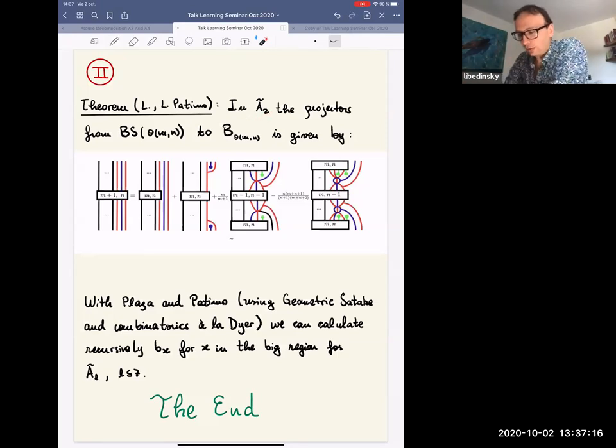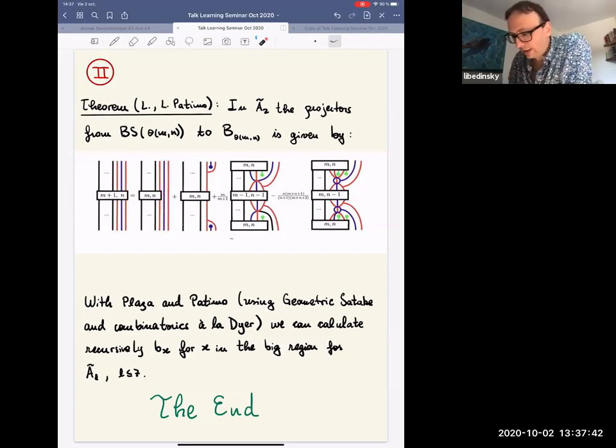So in A2 tilde, we have a theorem, also in the same paper with Leonardo Patimo, where we find, and for the people who don't know circle bimodules or the diagrammatic category, essentially each of these things are morphisms. When I write this, it is the projector into the indecomposable of theta m plus 1 n. And this is, for example, the identity.